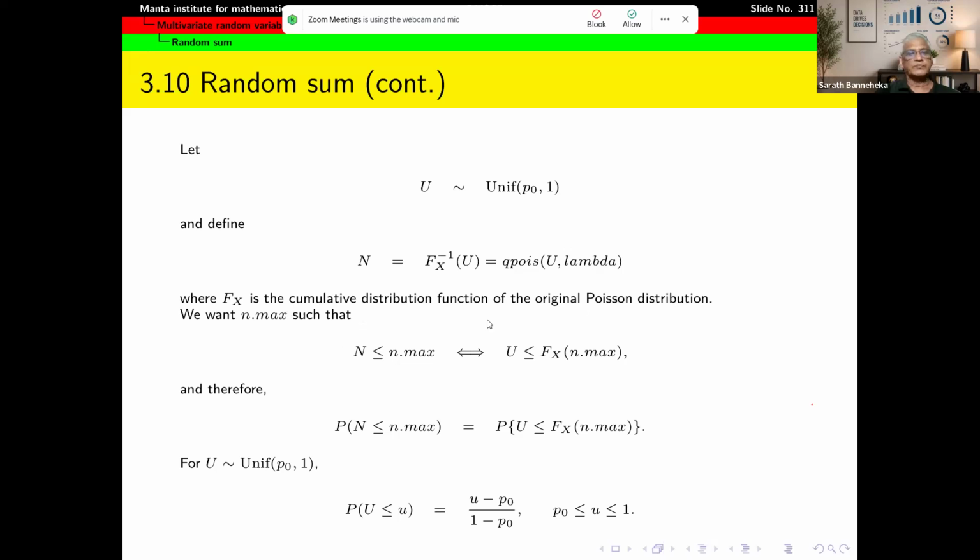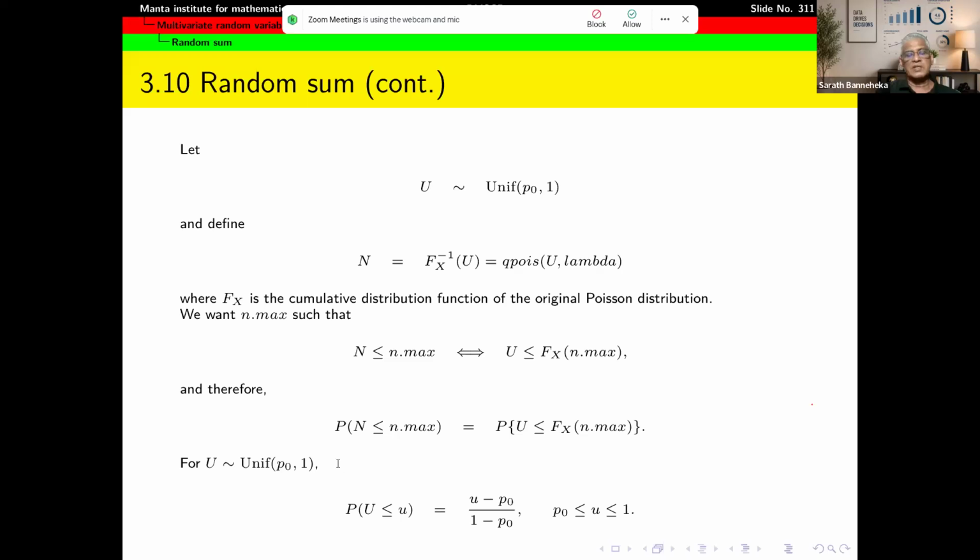So now I consider this expression. We want n max such that n less than or equal to n max implies u less than or equal to F_X(n max). Therefore, the probability of this happening will be equal to the probability of that happening. Remember, what you want is to find n max.